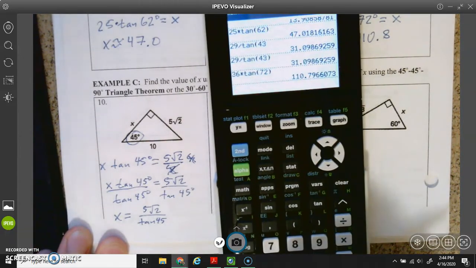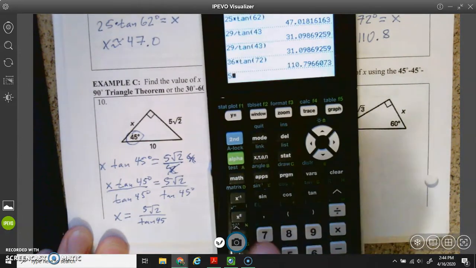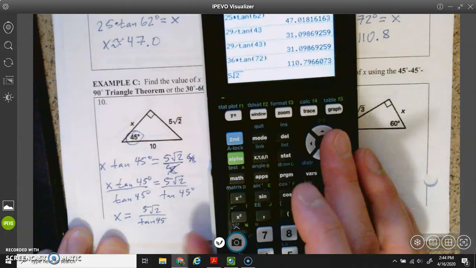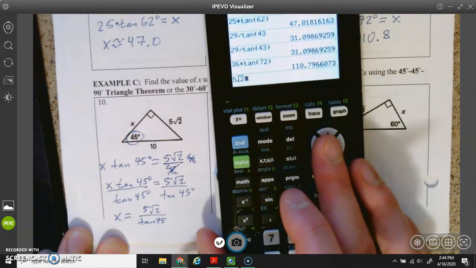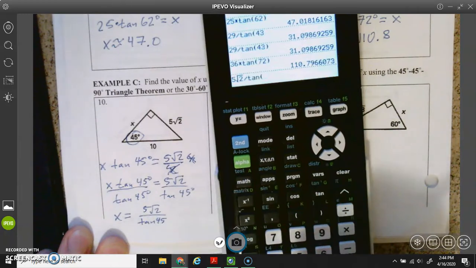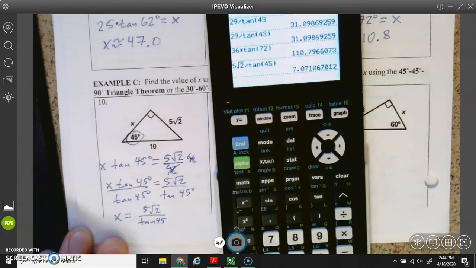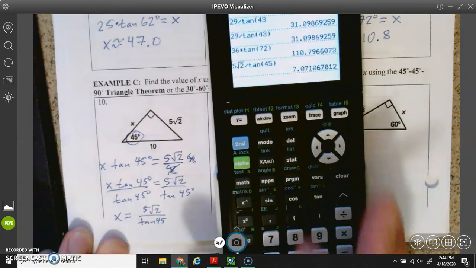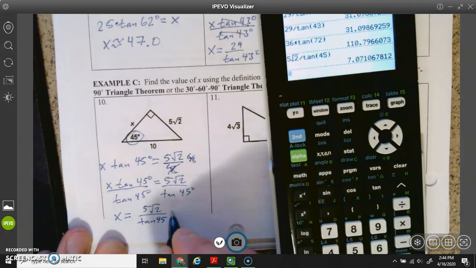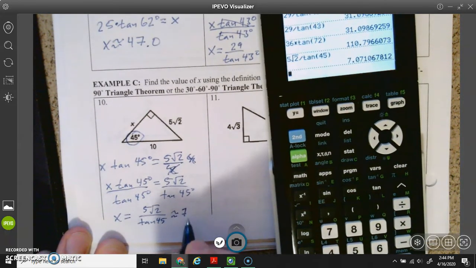In your calculator, you will want to make sure, if I do 5 square root of 2, it has an open parenthesis, so right here you'd want to do a closed parenthesis before you do divided by. If you don't, you get the wrong answer. Same here. Make sure we go ahead and close that. So we get 7.071, and so on. So the length here is approximately 7.1.